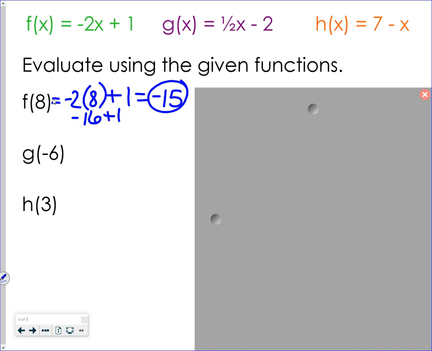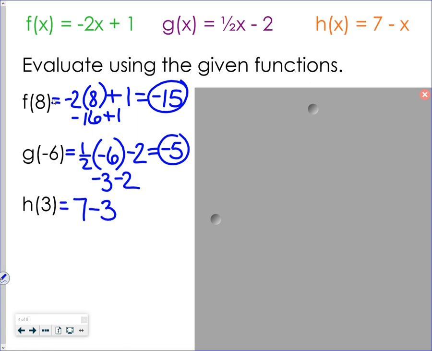G of -6, this is going to be 1/2 times -6 minus 2. So half of -6 would be -3, and then -2, or plus a -2, would give me -5 for my answer. And h of 3, I would have 7 minus 3 is going to be 4.